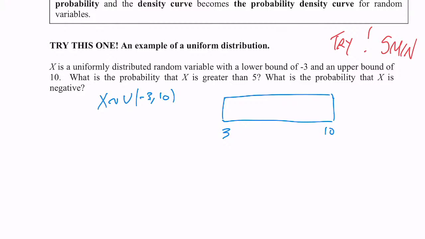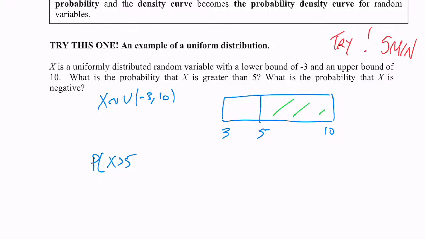So 5, let's say, is about here. Okay, so let's say 5 is there. And so what I want to find out is the probability that x is greater than 5. So I want this area here.